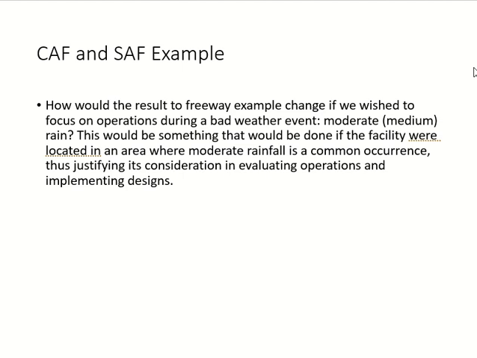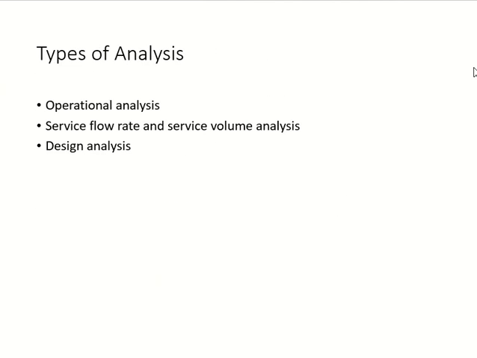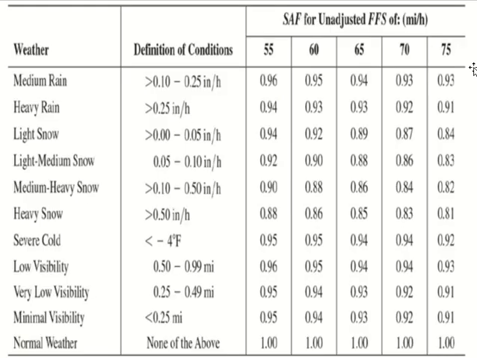What was the first step? Calculate what? Free flow speed, right? Free flow speed has an adjustment factor, right, of weather. So first of all, I will adjust my free flow speed. Okay. Now medium rain, so first row, but my speed is not 55.